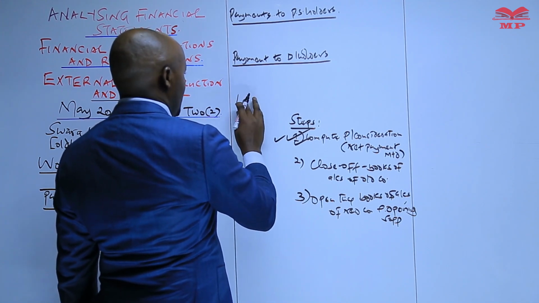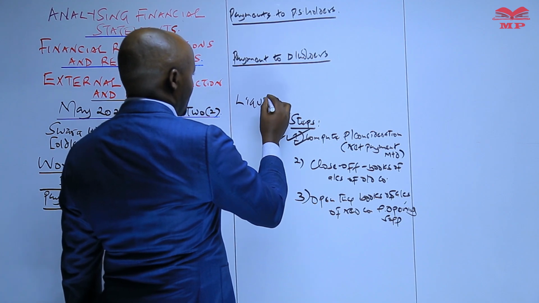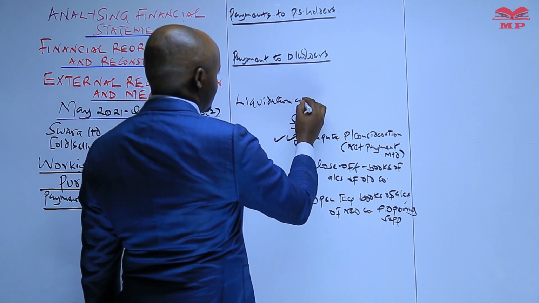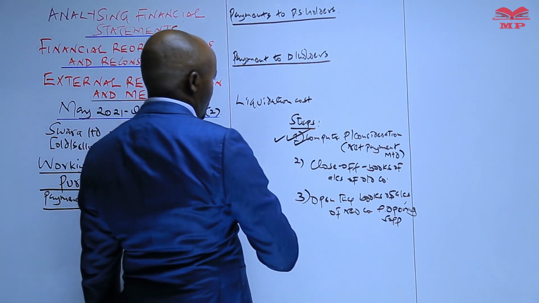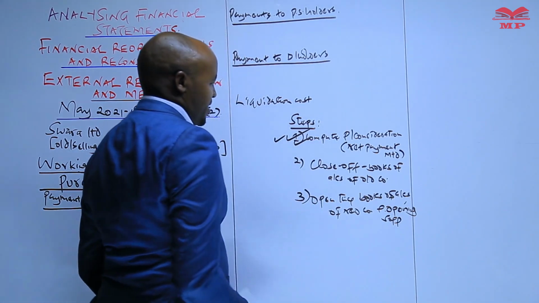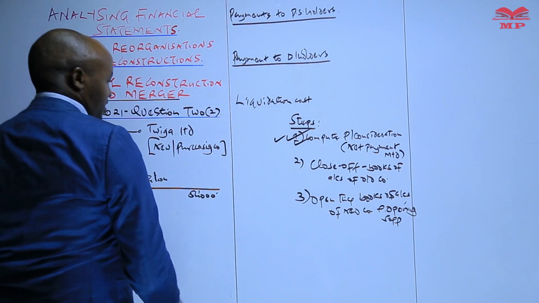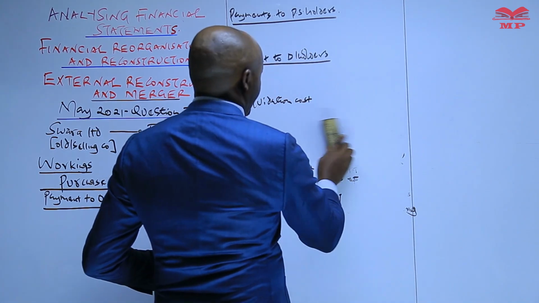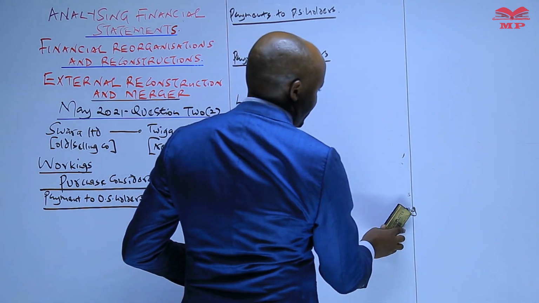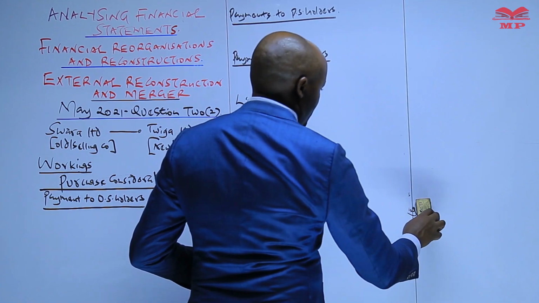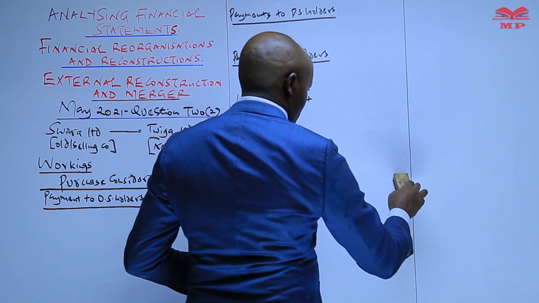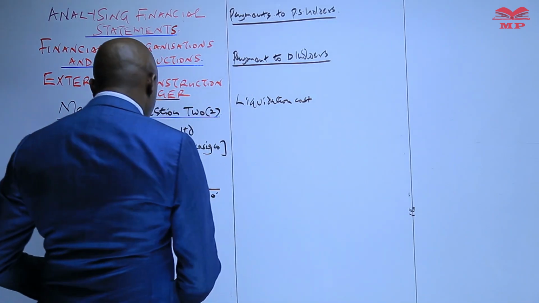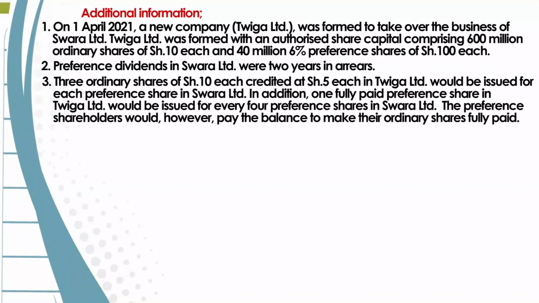So to this, we're also going to add the liquidation cost of the old company, but paid by the new company. So let's do that, and for us to be able to determine the payment to the shareholders and also to the financiers of the old company, which is Swara, we need to go back to the additional information, specifically additional information number 3.